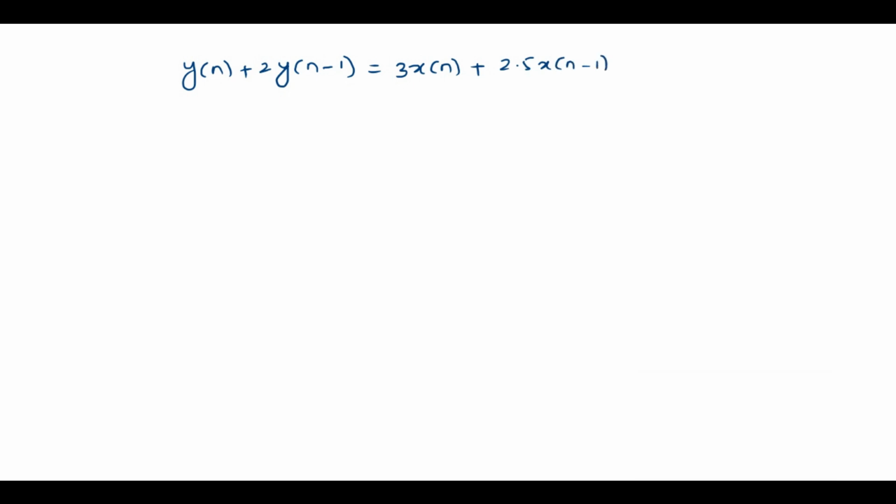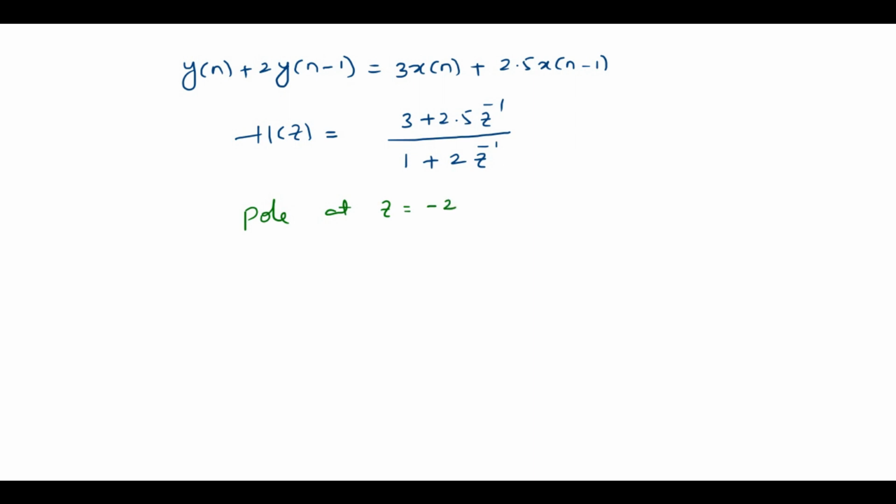Okay. Apply the Z transform and try to find the system function h of z, which is 3 plus 2.5 z inverse divided by 1 plus 2 z inverse. So this has the pole at z is equal to minus 2.